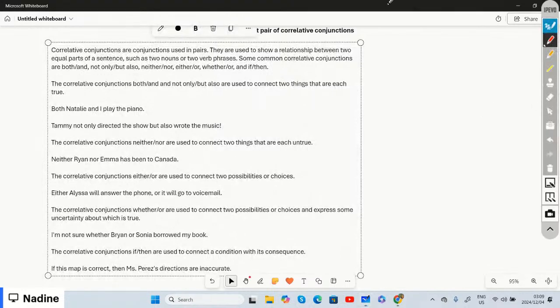Some of our common correlative conjunctions are words like both, and. So if you're referring to more than one thing, you can say both, and, because and is also part of an addition, things that we add. Not only, but also.